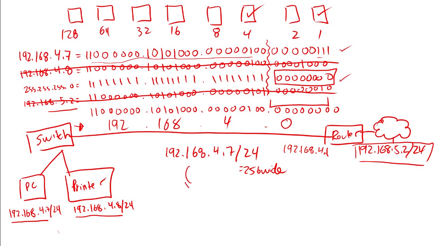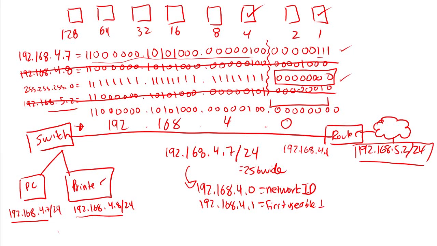So we know now that our network ID is 192.168.4.0. And our first usable will be 4.1. And our last, we know that it's 256 wide, so 192.168.4.255 is our broadcast.